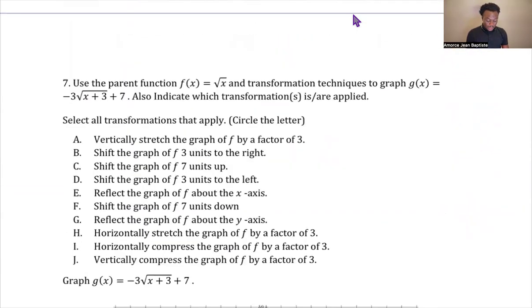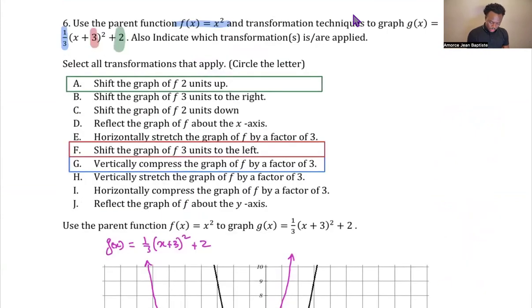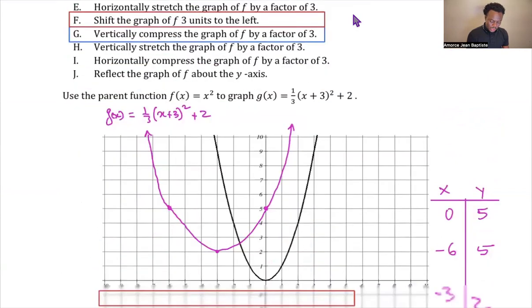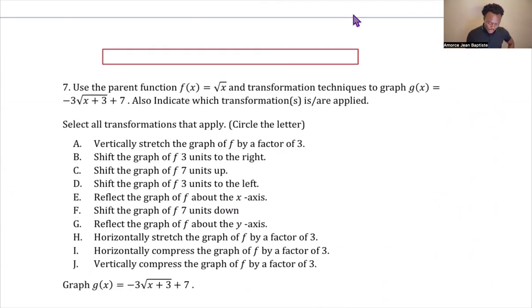Let's go to the next example here. This one is a radical square root function. The negative sign outside is a reflection. Let me put the colors, they help.